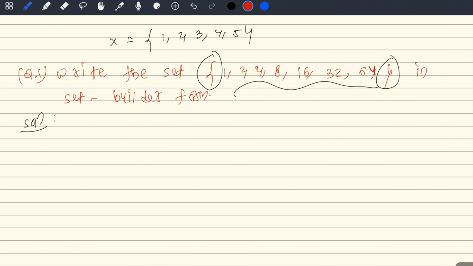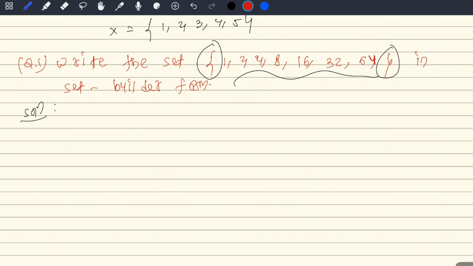But in roster form it should always be unique, but in set builder form it may not be unique. How? We'll see here. So clearly this set, let x be equal to 1 2 4 8 16 32 64, correct?